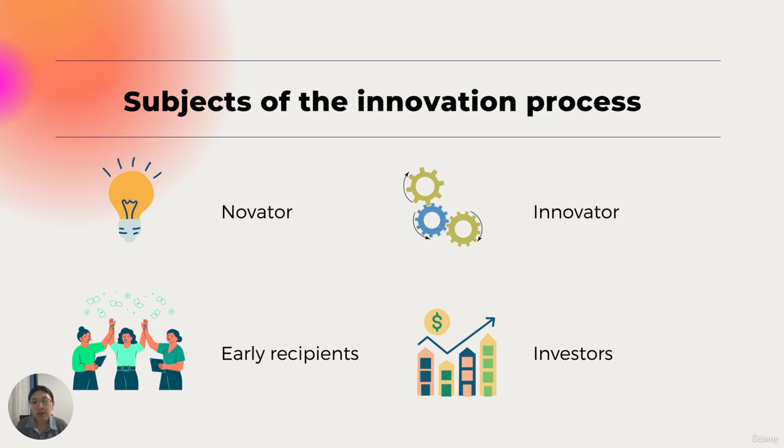The third one, innovators, participants in the innovation process who implement and promote innovations on the market. And last, investors, participants in the innovation process who finance the development and implementation of innovations: state and commercial banks, investment companies, insurance companies, pension funds, specialist companies, and individuals.